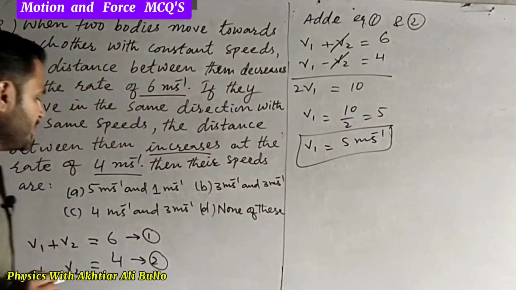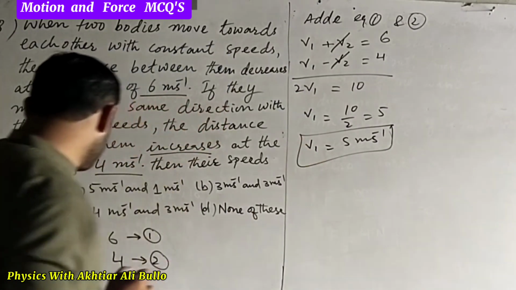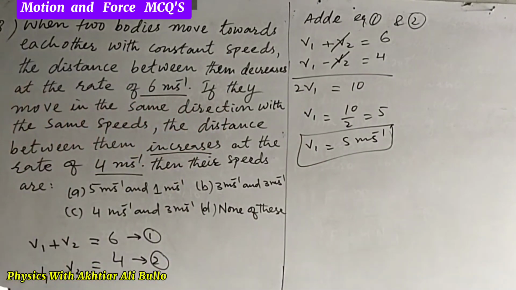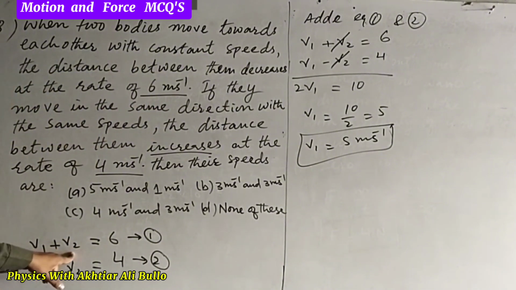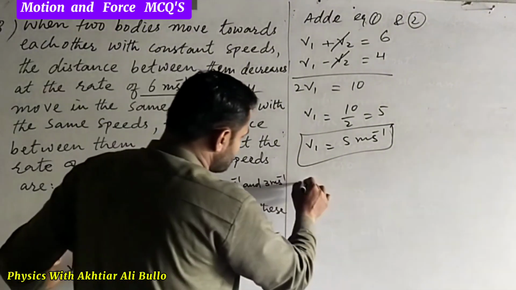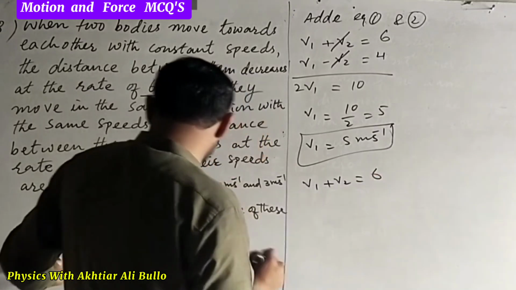Now for v2, by putting the value of v1 in any given equation, suppose we are putting the value of v1 in equation number 1, which is v1 plus v2 is equal to 6.